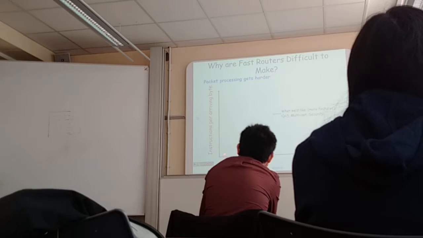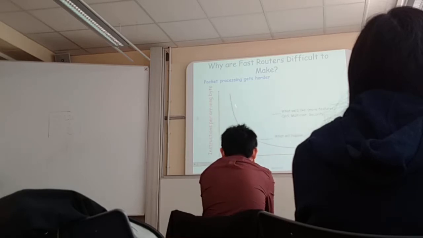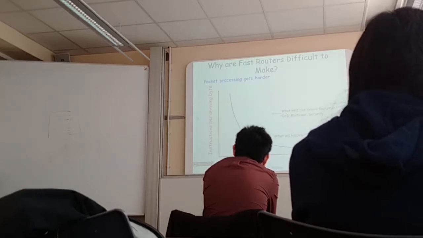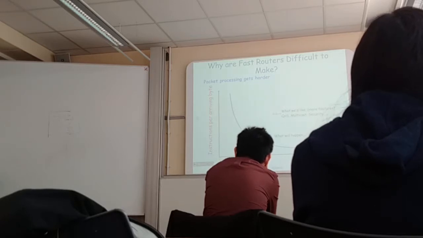So over time, the number of instructions for every arriving packet is growing because users are asking for more features. But in order to make these routers faster, or to overcome the difficulty, you should in fact have fewer instructions per arriving packet over time in order to maintain a high speed.